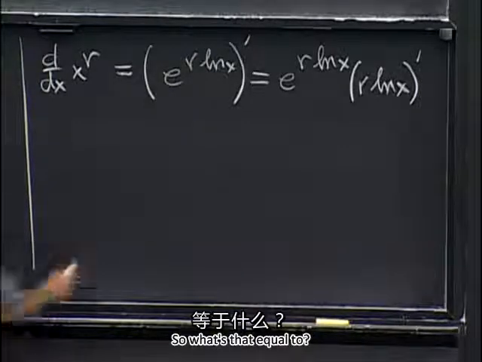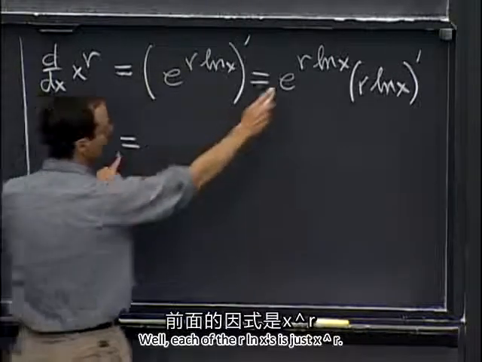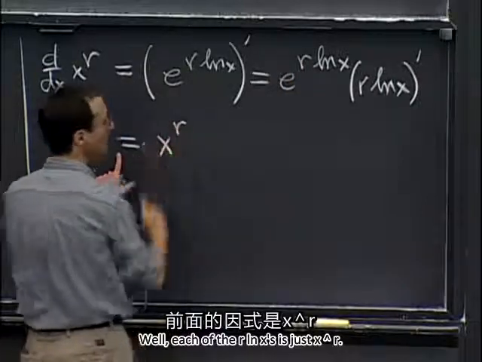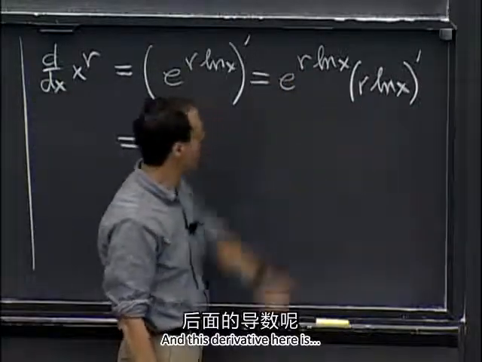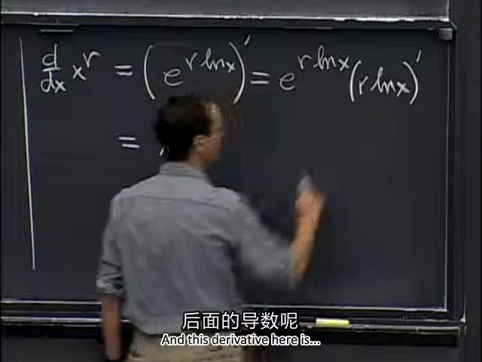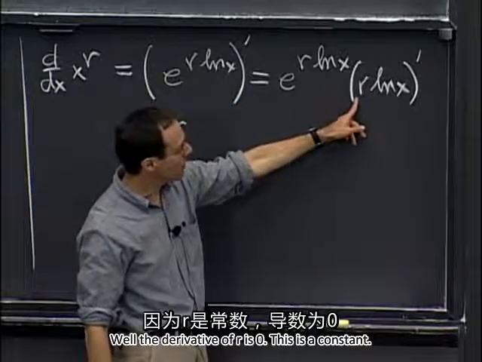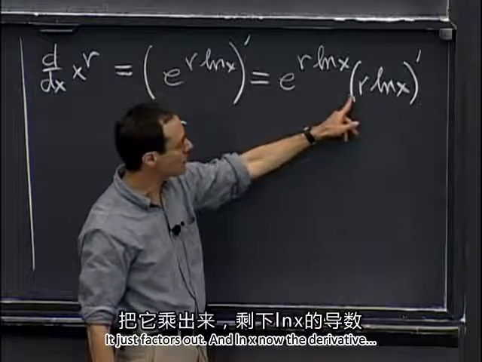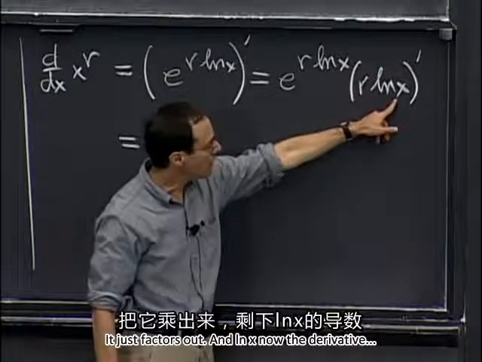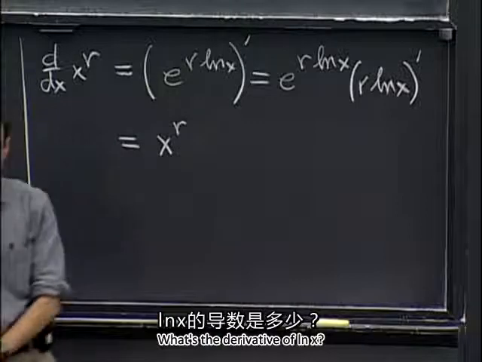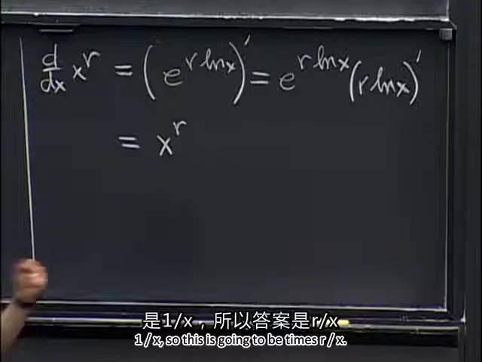So what's that equal to? Well, e to the r log x is just x to the r. And this derivative here, well, the derivative of r is 0, right? This is a constant factor. It just factors out. And what's the derivative of log x? 1 over x.